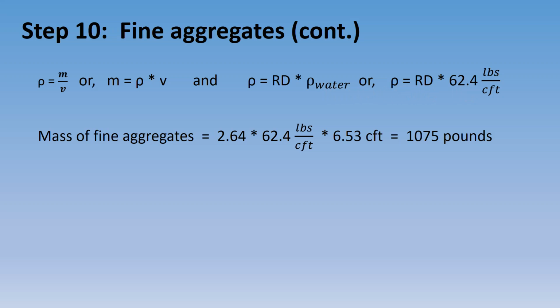So the mass of the fine aggregates is equal to 2.64, which is the relative density, times 62.4, density of water, times the volume, which is 6.53 cubic feet, and that would yield 1,075 pounds of fine aggregate.